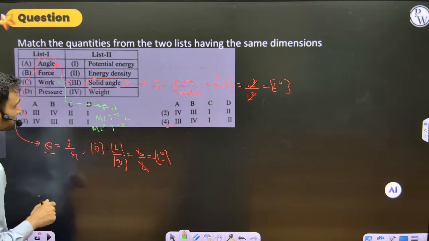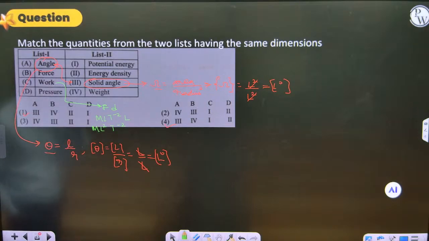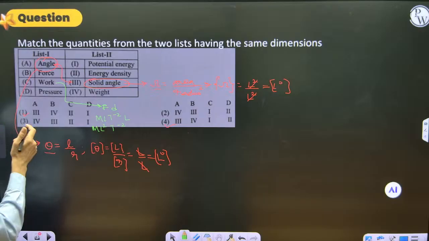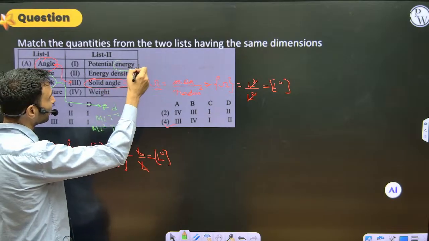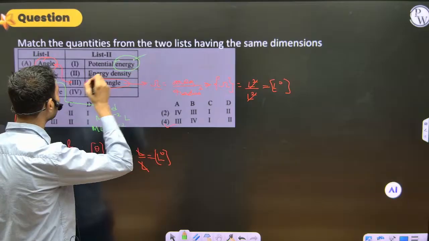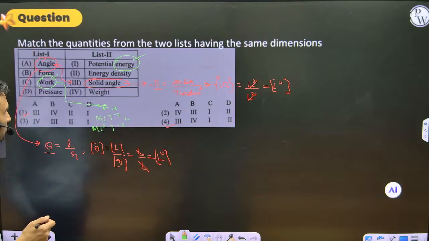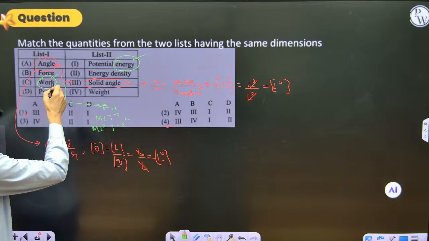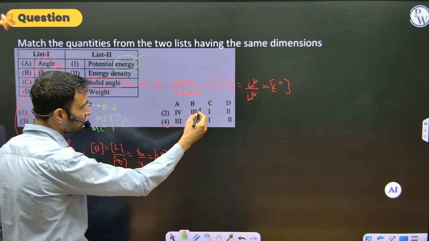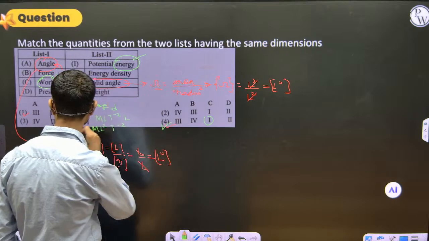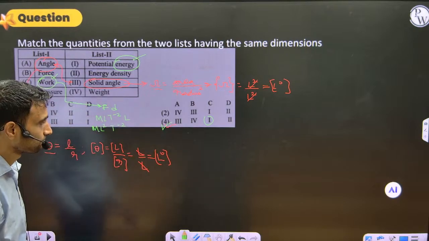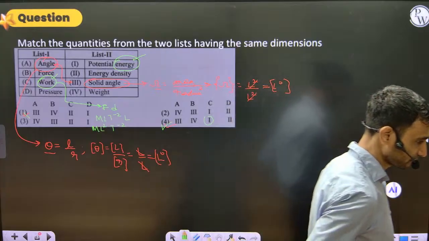That is work. Now which other quantity has the same dimension? We know work and energy have the same dimension. So which option are we getting? For C we are getting 1, which is correct. So fourth is correct and first is wrong. Fourth option is correct.